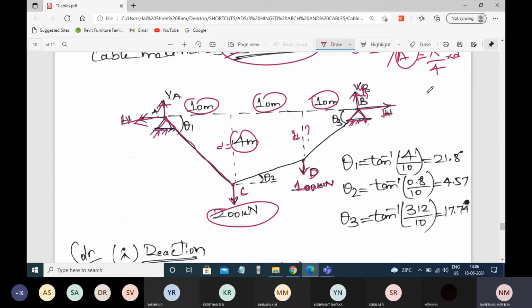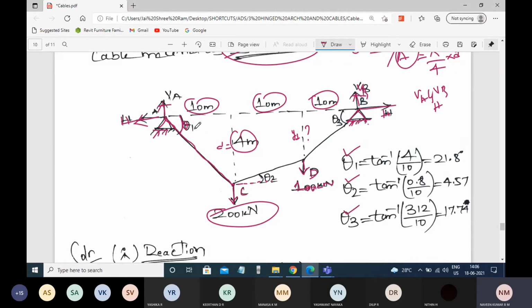So what do we need to find initially? VA, VB, and H. The angle between cable segment AC with respect to horizontal is theta1, the angle of segment CD with respect to horizontal is theta2, and theta3 is the angle of cable segment BD with respect to horizontal. Let me find theta1, theta2, theta3.